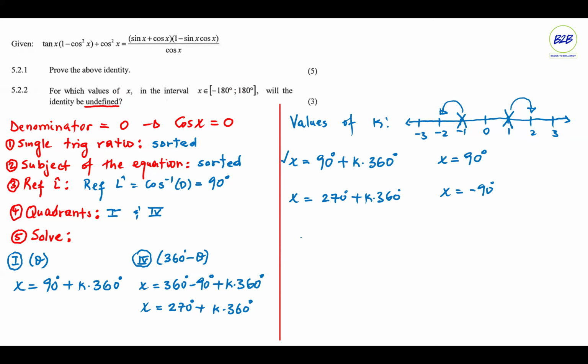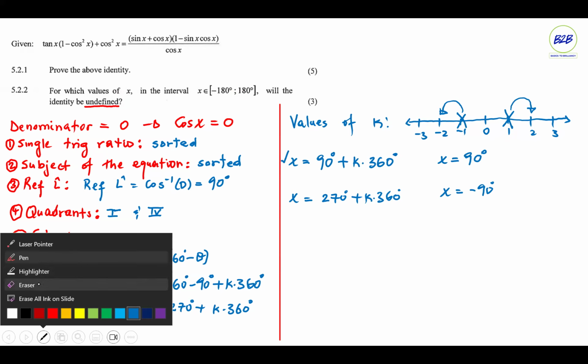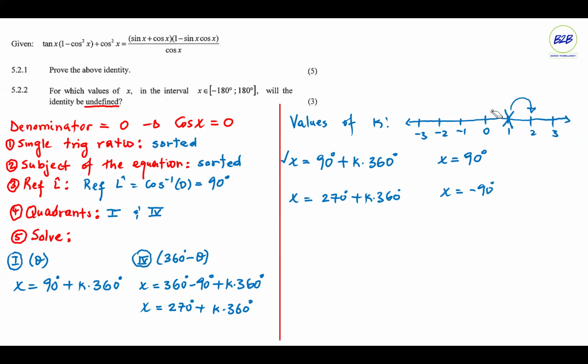Then we must go to the second equation. When we go to the second equation, we do the same thing again. We begin here at k equal to 0 and substitute this 0 here. Then you press your calculator, you find out that x is equal to 270, which is not in the interval.